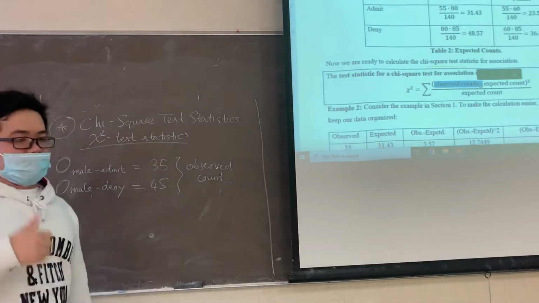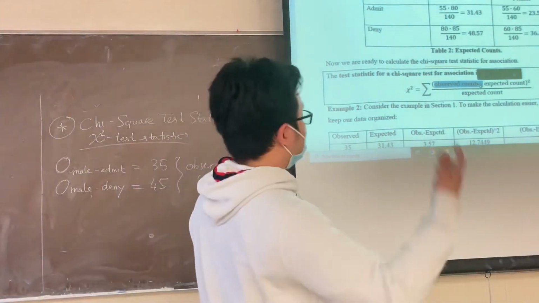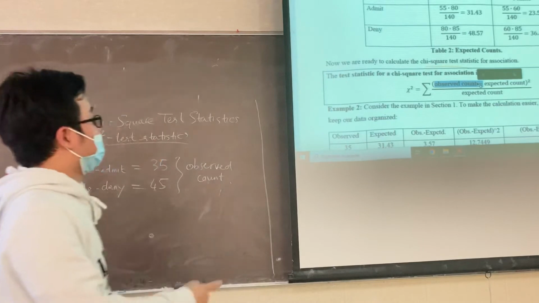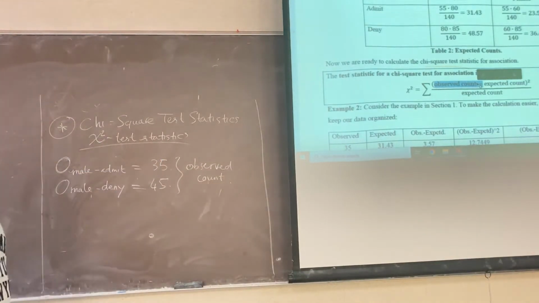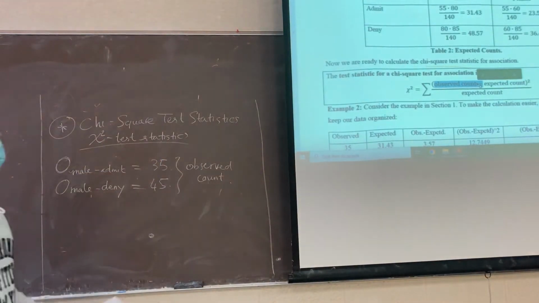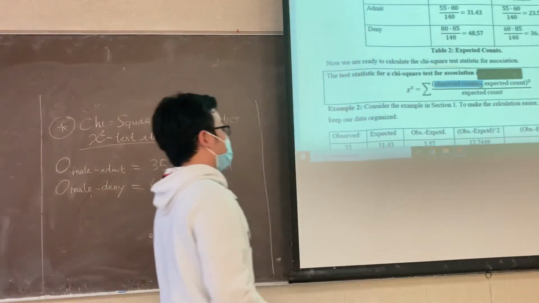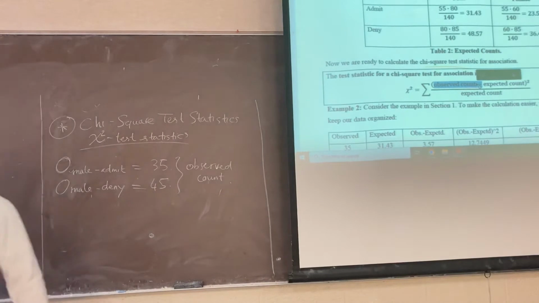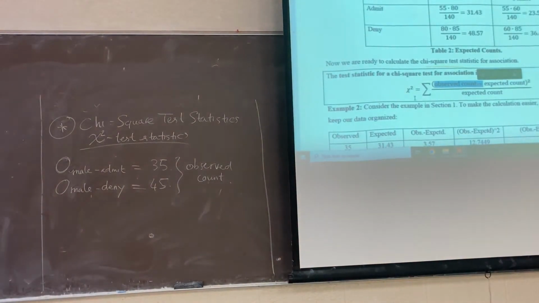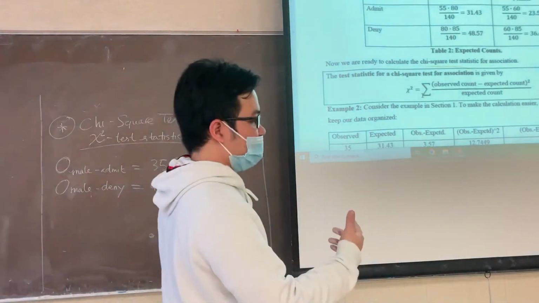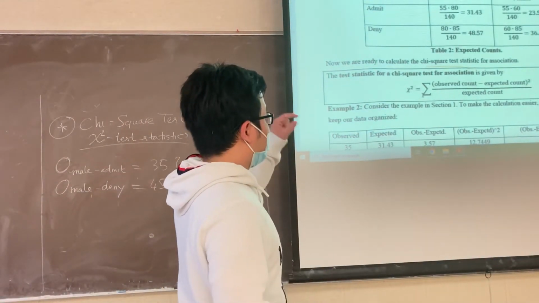When we have the observed count and the expected count, we can calculate the chi-square test statistic. How to do this? We will use this formula. Sometimes this formula is difficult when we have a lot of rows and columns in the table.